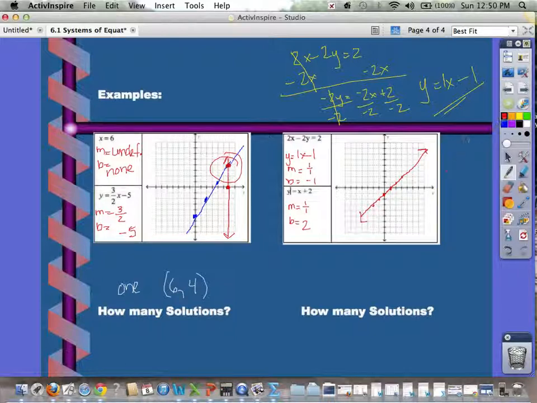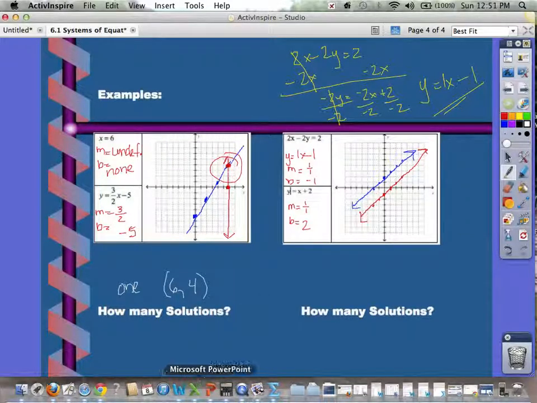Okay, the other one is starting at b, which is 2. I'm going to put a dot at 2. And my slope is up 1 over 1, up 1 and over 1, up 1 and over 1, down 1 and left, backwards from what you were doing. All right, there's my 2 lines.